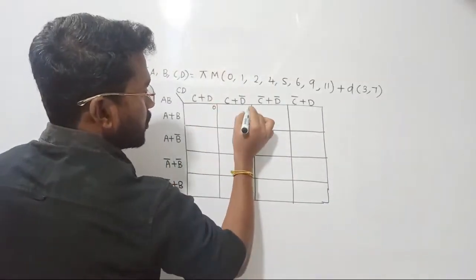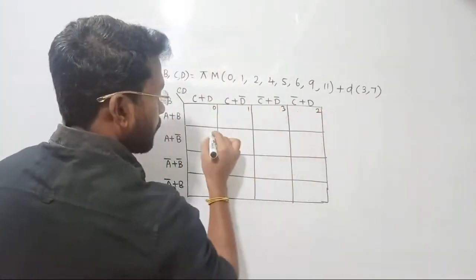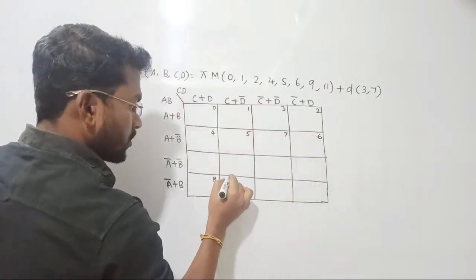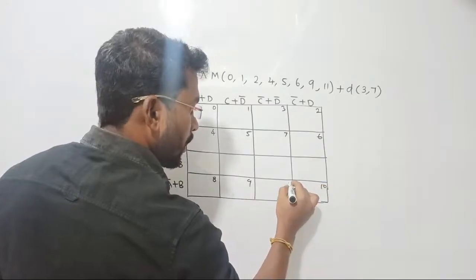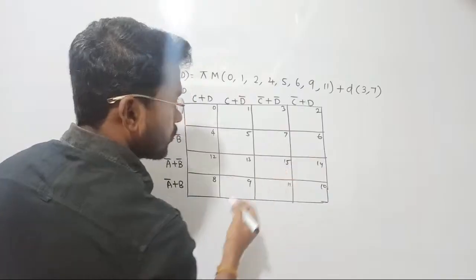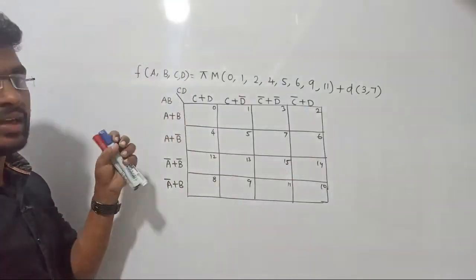Anyway, first let me name 0, 1, 2, 3, 4, 5, 6, 7, 8, 9, 10, 11, 12, 13, 14, 15. So we are considering 16 cells in gray code form, right?